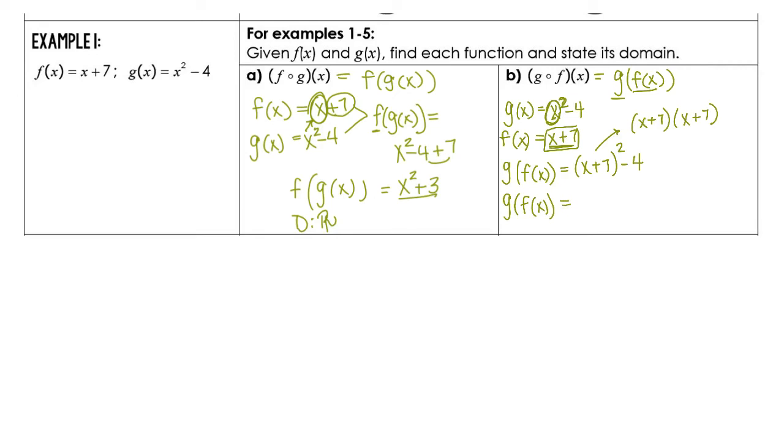You're going to get x squared, and then you're going to have 7x plus 7x, so plus 14x, plus 49, and then you're going to have your minus 4 from the original. So your final answer here is going to be x squared plus 14x plus 45. And again, you have a polynomial, so that domain is going to be all real numbers.